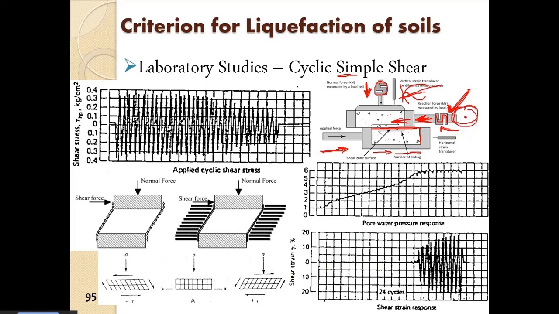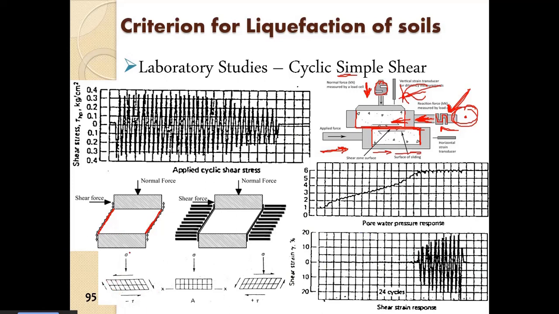Now unlike direct shear, in direct shear these are stiff sides and the sample is directly sheared through this plane. In the simple shear we have a flexible kind of encasement here. So the sample is sheared in this manner.